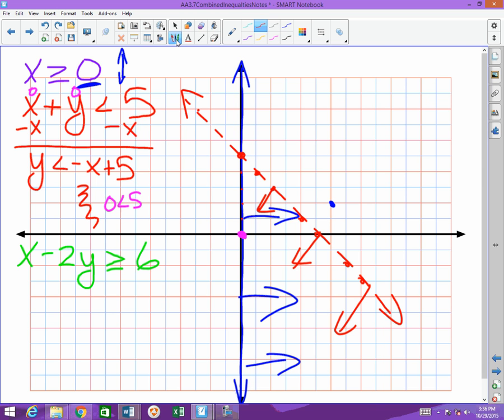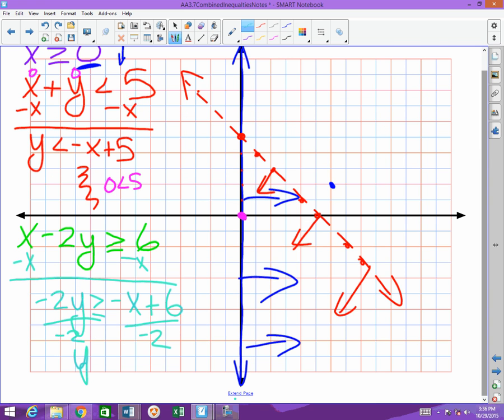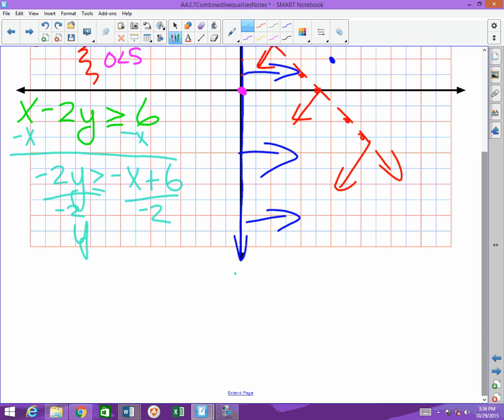Finally, our green one, if we subtract x, we get a -2y is greater than or equal to a -x plus 6, divide by a -2, and y is going to be less than or equal to a positive 1/2 x minus 3. So we're going to cross at a -3, and from there go up 1 and over 2.